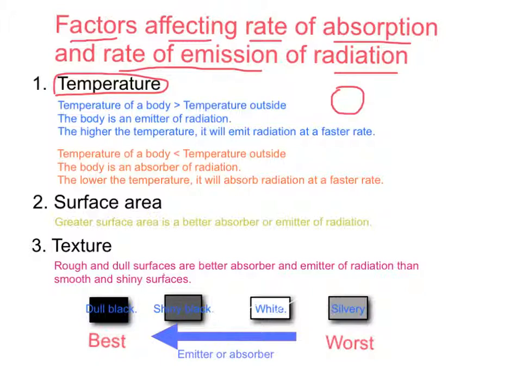If the temperature of a body T is higher than the temperature outside, then the body will be an emitter of radiation. The higher the temperature of the body, the faster it will emit radiation.